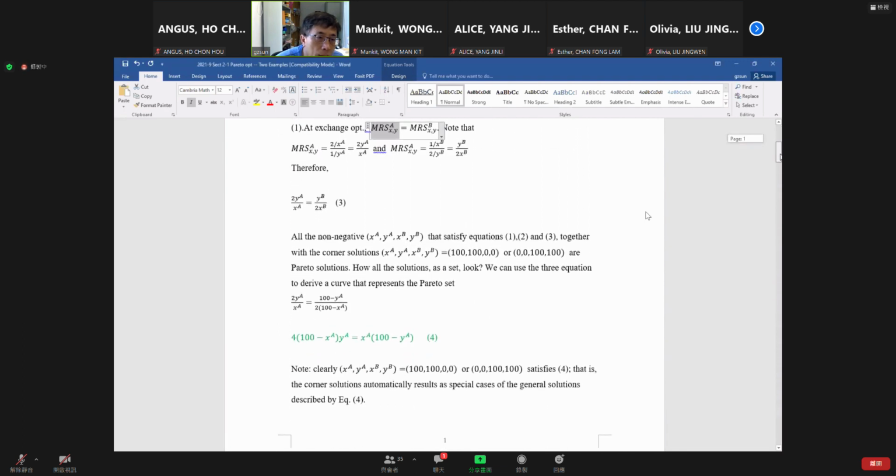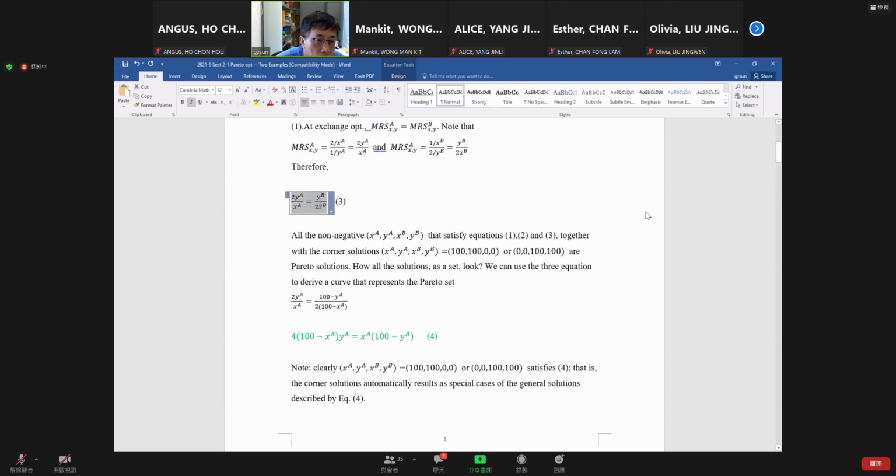Okay, so now we put them together and we get this one. This is the marginal rate of substitution condition. And here we have 4 variables. It's very annoying. So here I still give you some explanation about the meaning of this one. All the non-negative numbers that satisfy equation 1, equation 2, and equation 3.